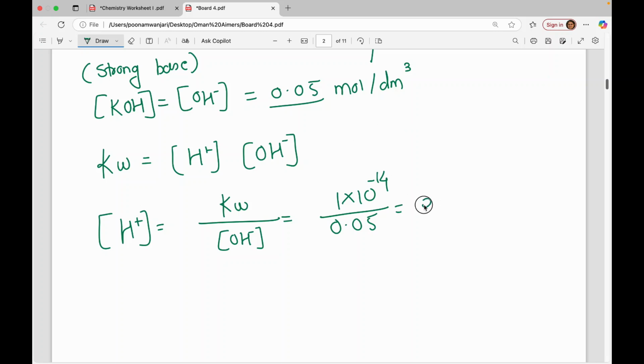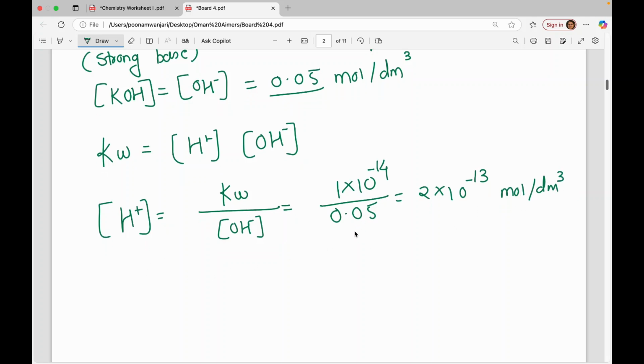So 2 into 10 to the power minus 13, and this is a concentration, so the unit is mole per cubic decimeter. Now here you got your concentration of H plus, students. H plus is equal to 2 into 10 to the power minus 13 mole per cubic decimeter.